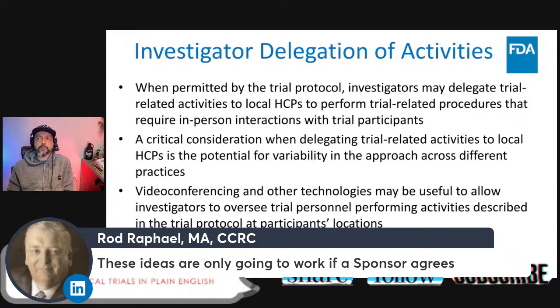So if you're using eSource and there's a medical assistant at a local healthcare provider's office taking vitals, you have to give that medical assistant access to, let's say, Creo, which is my eSource. But now you need to train that medical assistant on Creo.